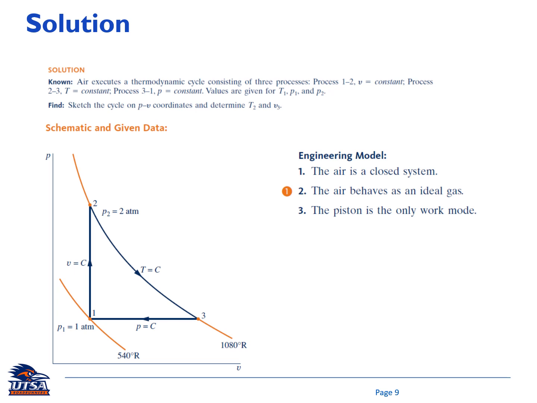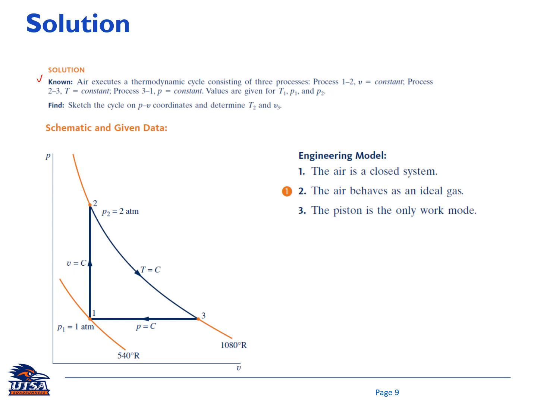Okay, let's try to solve this problem. As you might know already, you need to complete this step. So what is known? Air executes a thermodynamic cycle consisting of 3 processes: from state 1 to state 2, then state 2 to state 3, and then back again from state 3 to state 1. The characteristic of each process is given.